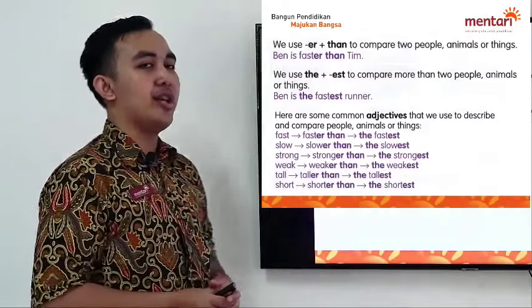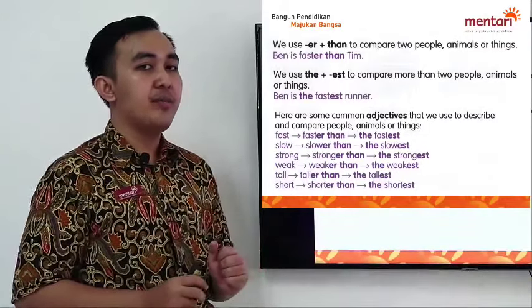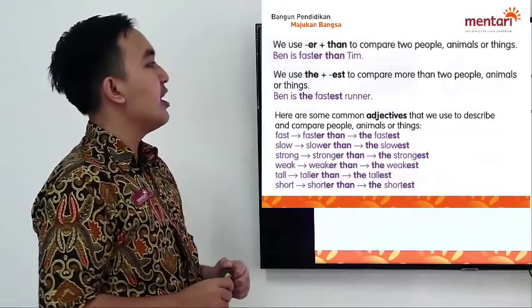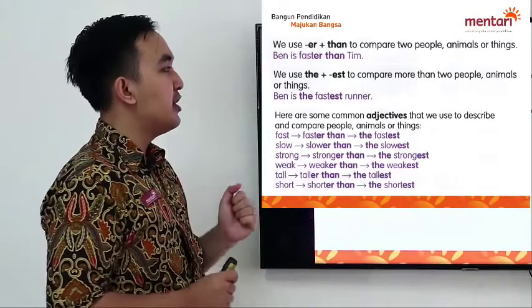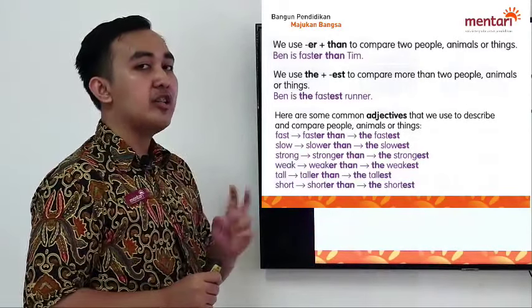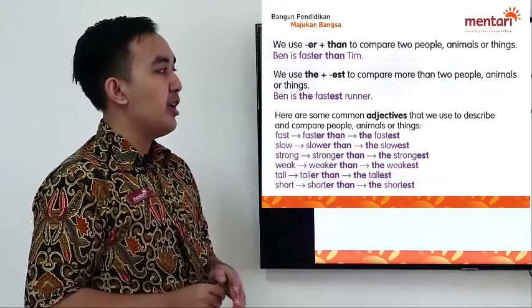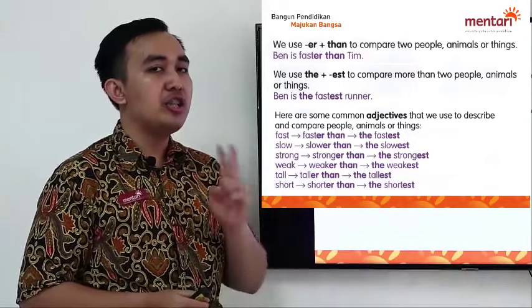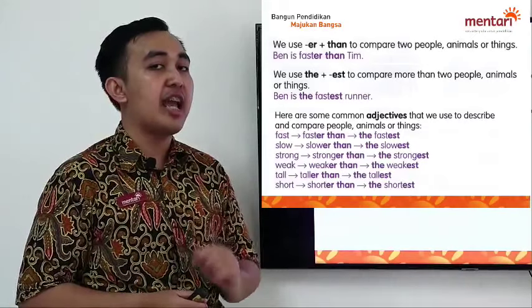The next one, we use the plus est after the adjective to compare more than two people. If the previous one, only two people, two animals, and two things.